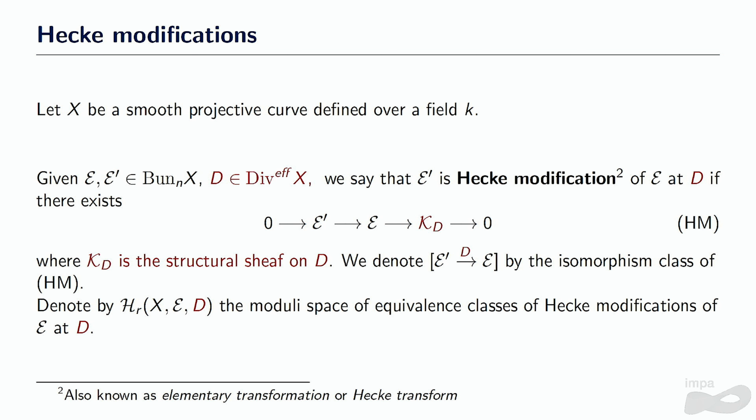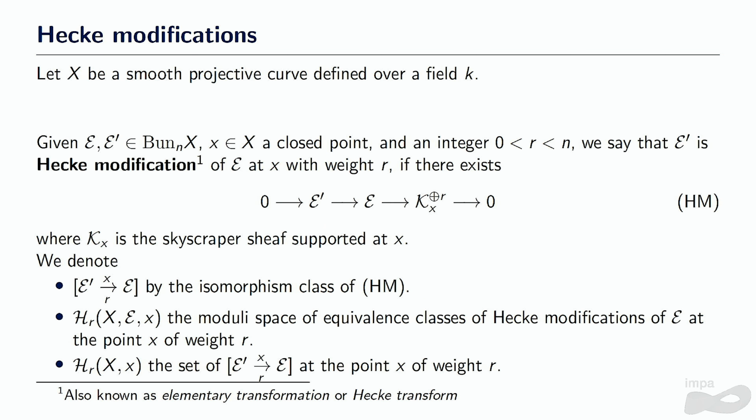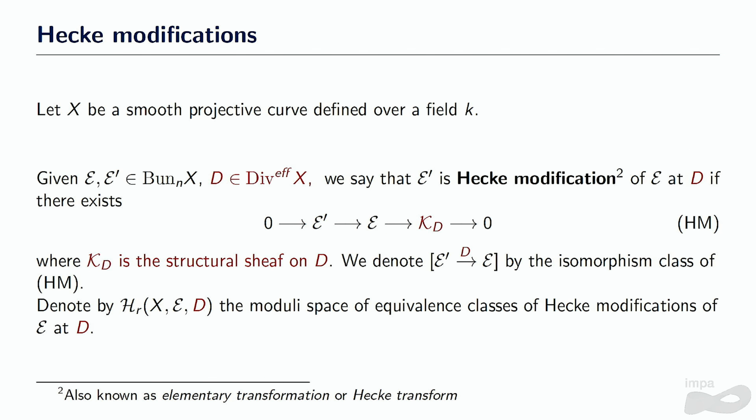Oh, I forgot to say that Q_x at the end of this exact sequence is just the skyscraper sheaf on the point. Sorry for that. And when you change x by D, we're going to have the structure sheaf on the divisor.